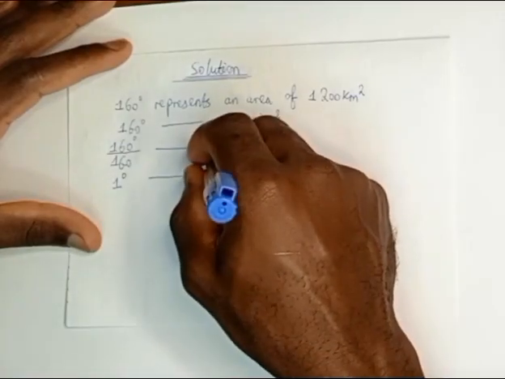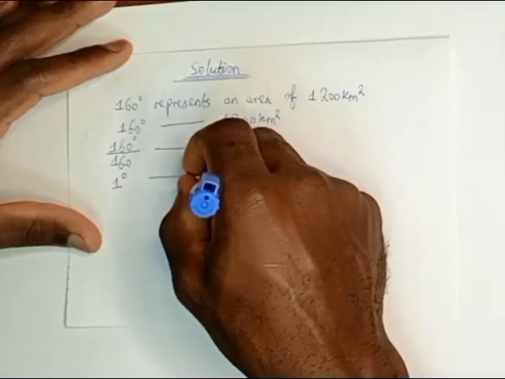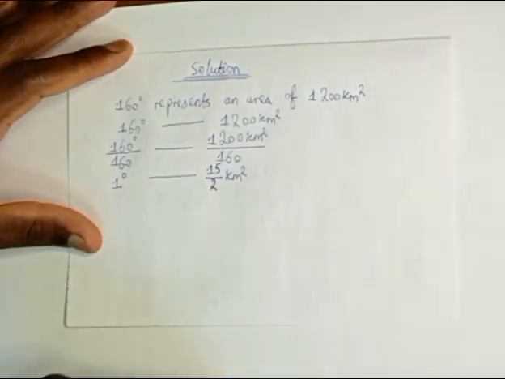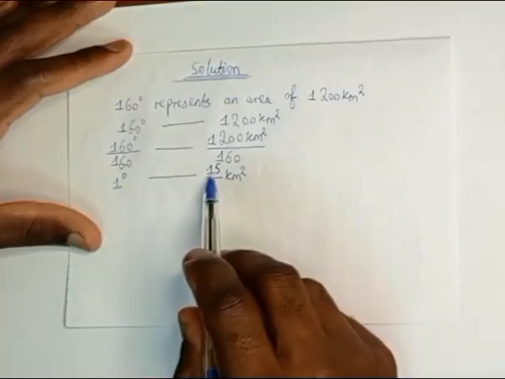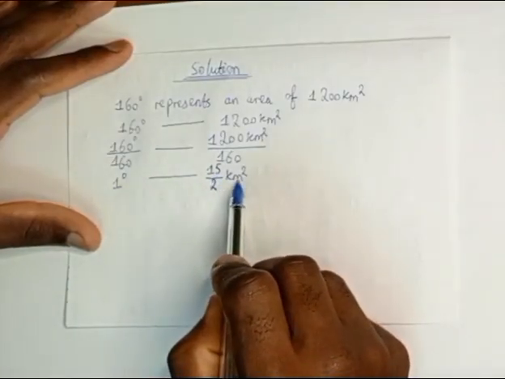Simplifying this, it simply gives us 15 over 2 kilometers squared. That means 1 degree represents 15 over 2 kilometers squared.